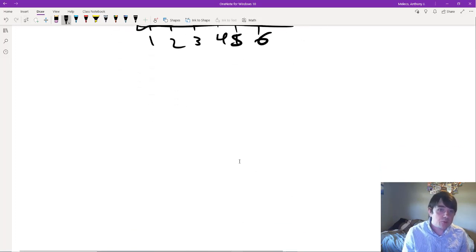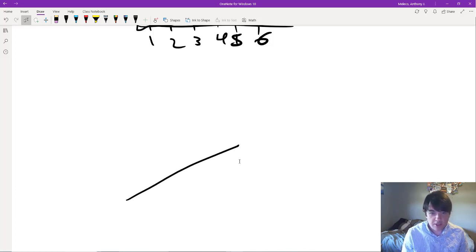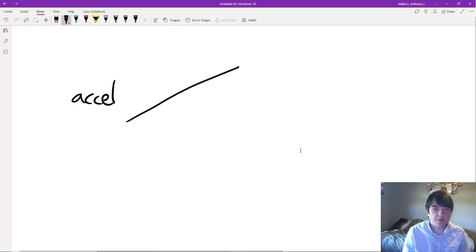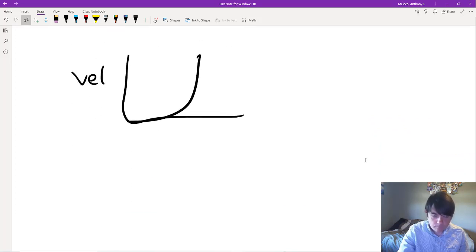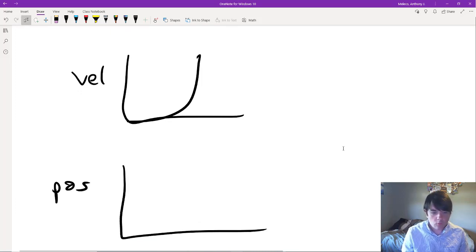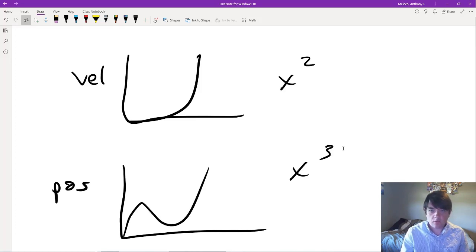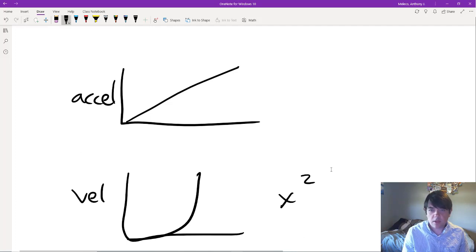Now, that's with just constant acceleration. If you have a changing accel, if your acceleration is a diagonal line, then your velocity will be a parabola, and then your position will be the next step up, which is x cubed, x squared, and just x.